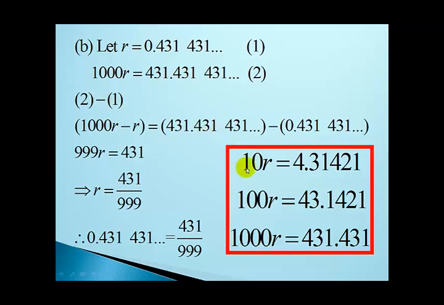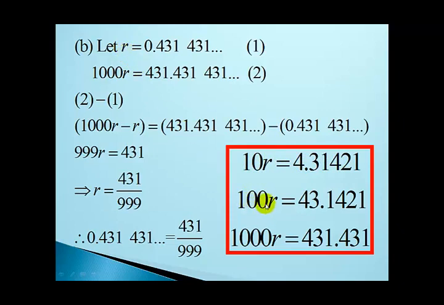Now, when you multiply the left hand side R by 10, we have 10R. And when we multiply the right hand side by 10, we have 4.31431. The recurring pattern has changed. That is why we did not consider multiplication by 10. When you multiply R by 100, you have 100R on the left hand side.